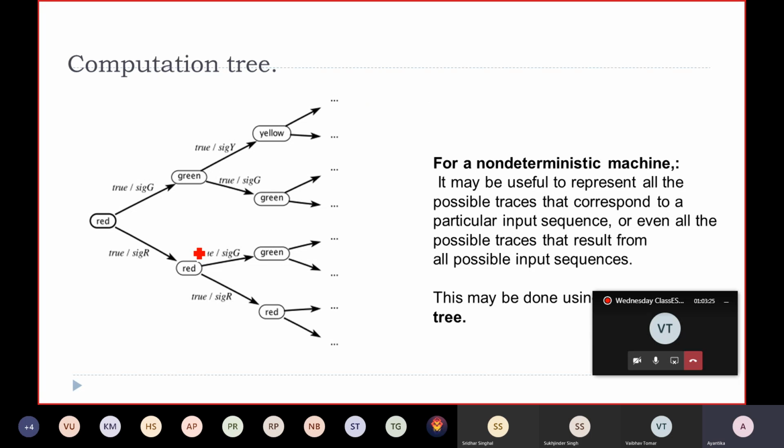Now, maybe another idea, and you can consider this as a term or a concept, like when we are considering a non-deterministic machine.